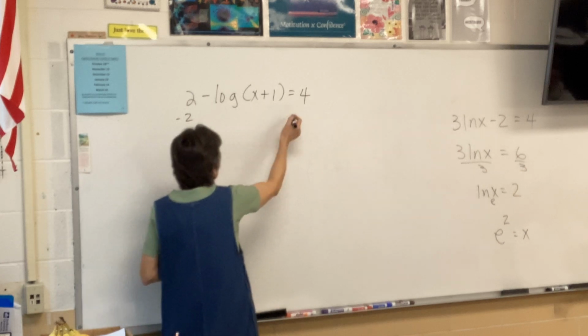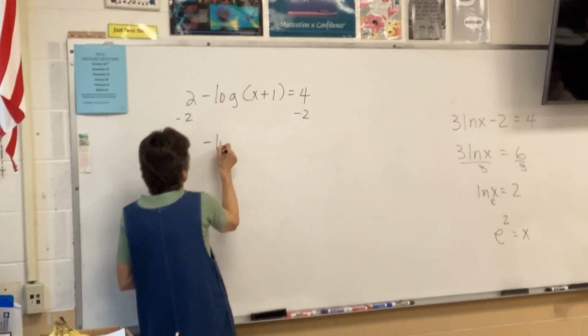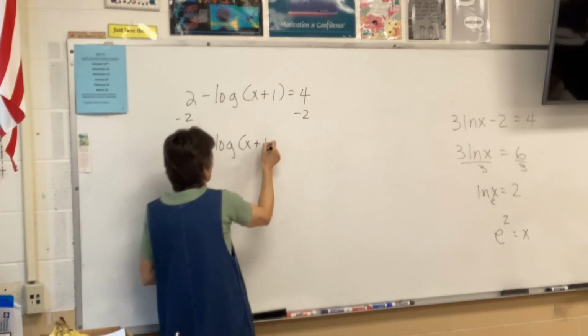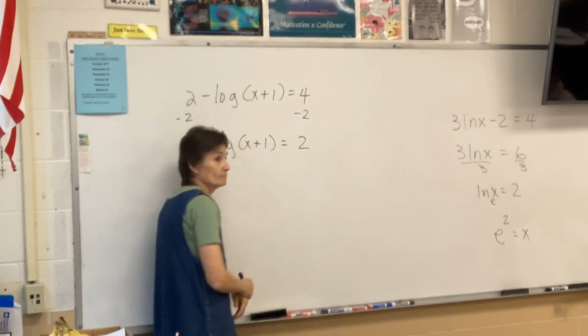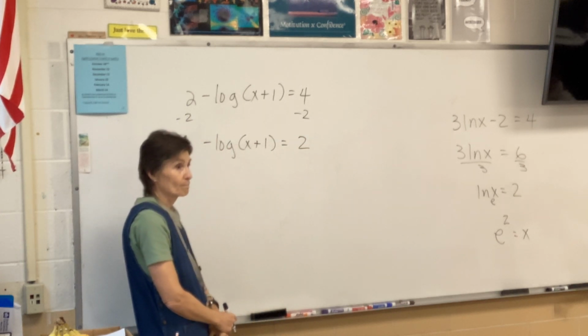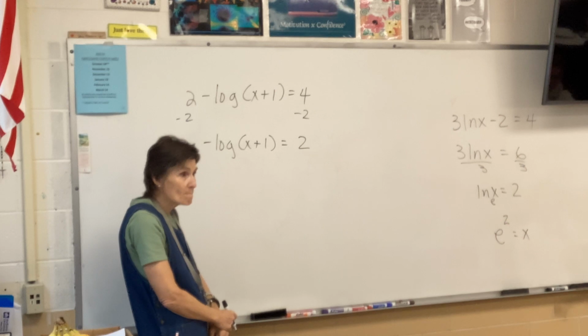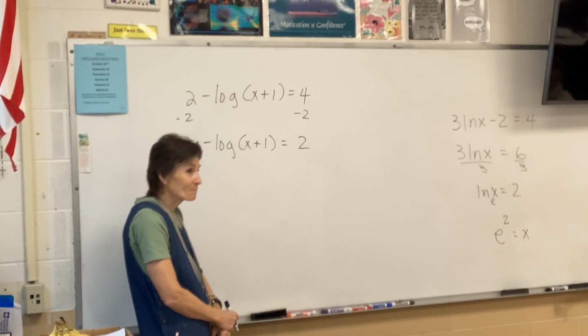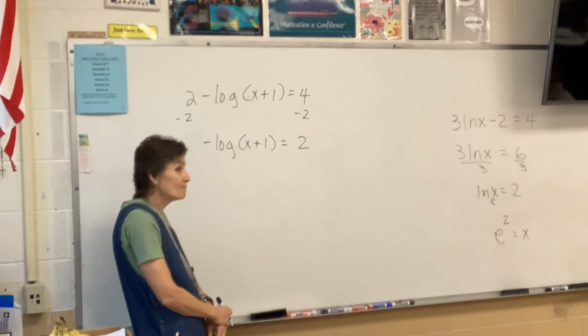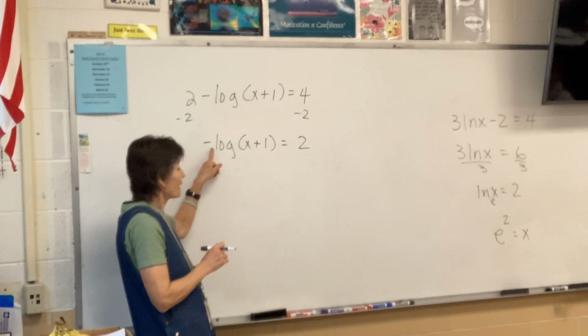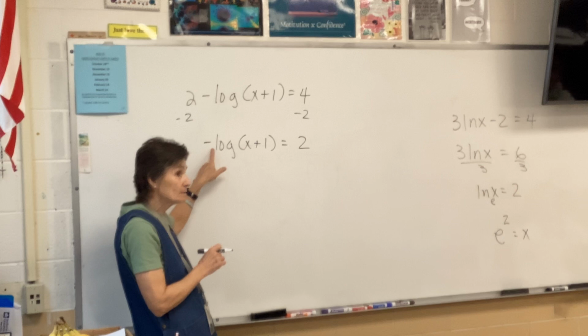Subtract 2, I love that, that's a great idea. So negative log x plus 1 equals 2. Perfect, then what, Joshua? Divide by log? No, we can't divide by that, all we can divide by is this number right here.